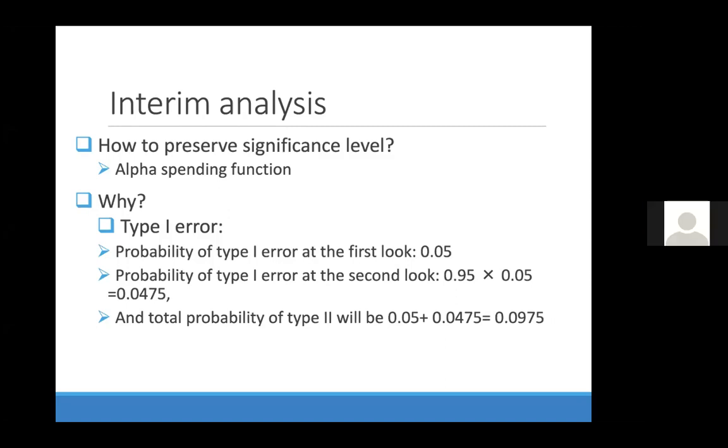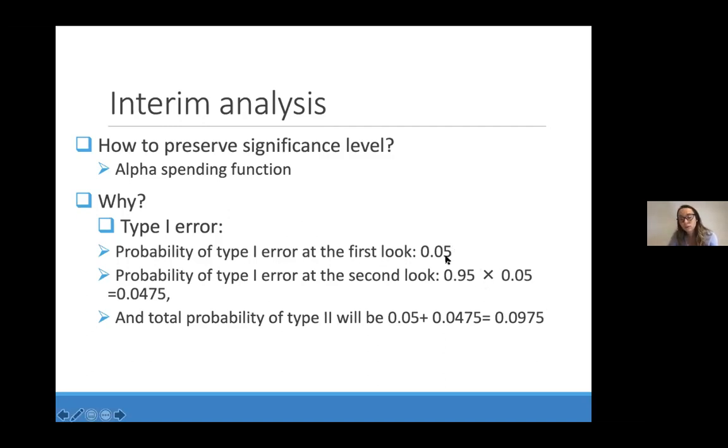Ahmed? Yeah. So every time you're gonna have to calculate again to see how much your rate of making a mistake is increasing every time you look at the data. This is just a probability example. That's why the alpha spending functions take in consideration using a lower p-value in the beginning. For instance, they don't do this calculation right away.